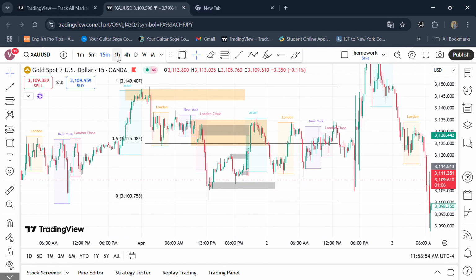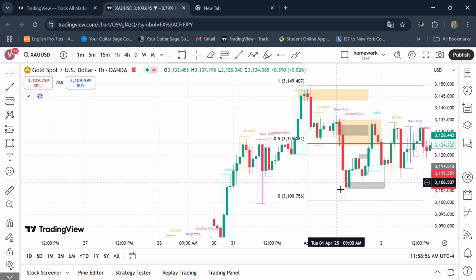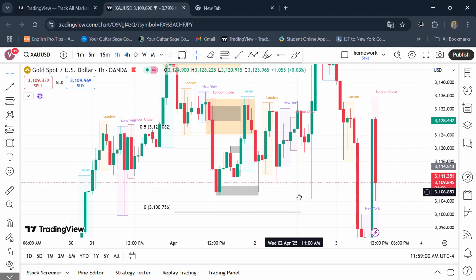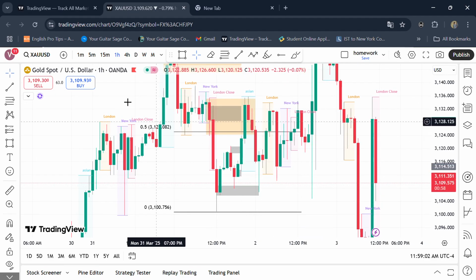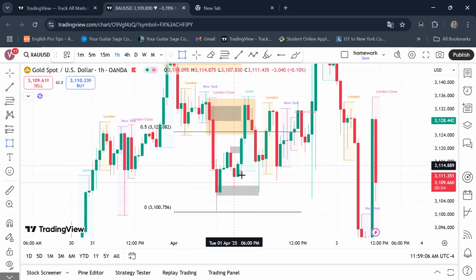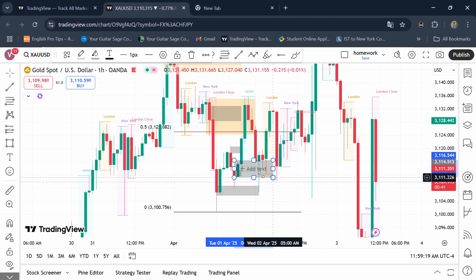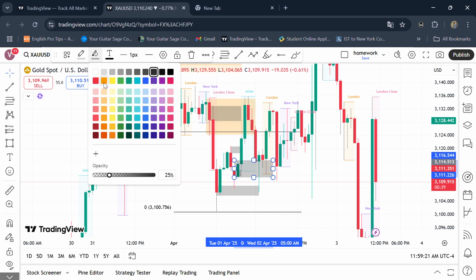To check that, we'll go to 1 hour time frame. And if you see on 1 hour time frame, when the price was moving upward in Asian, this 1 hour order block got created. We'll mark it as orange.